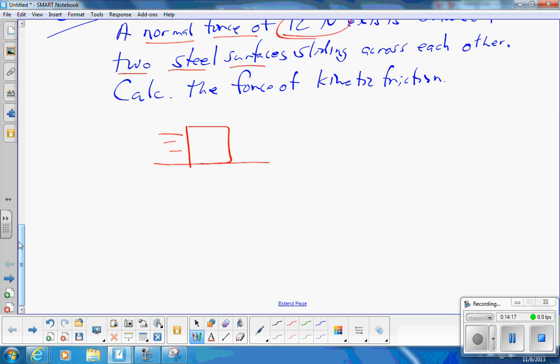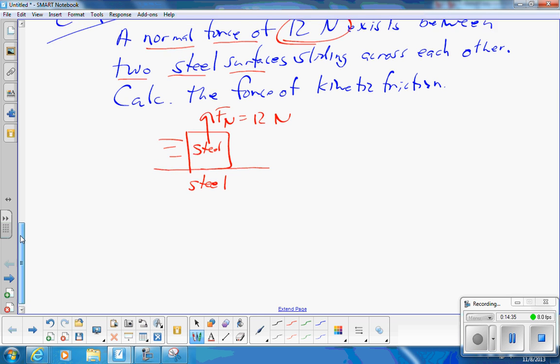It's got whoosh lines. This is steel, and this is steel. And we need to find the force of friction between them when the normal force exerted between them, so this normal force exerted by the table, is equal to 12 newtons. Okay, how do we do that?